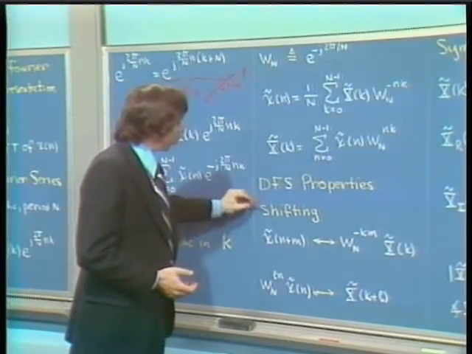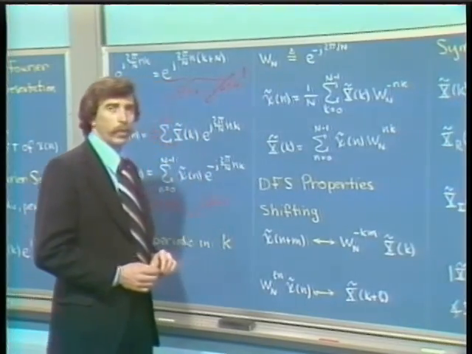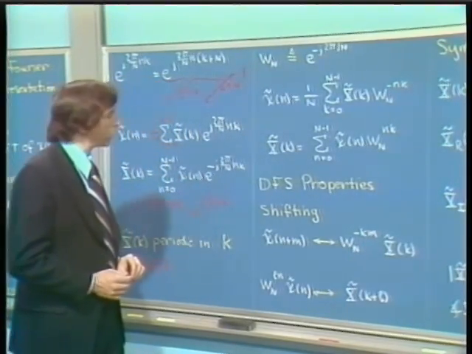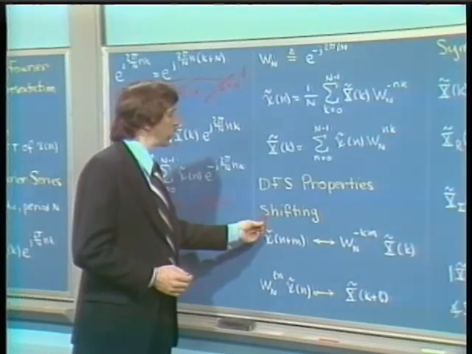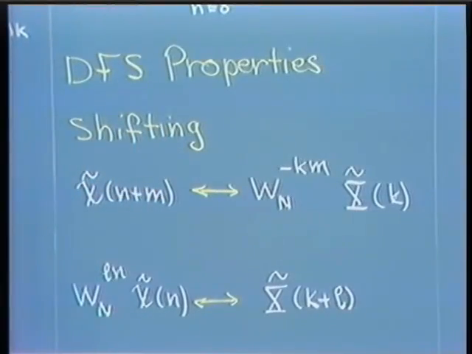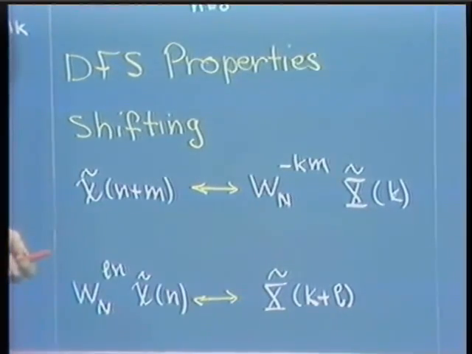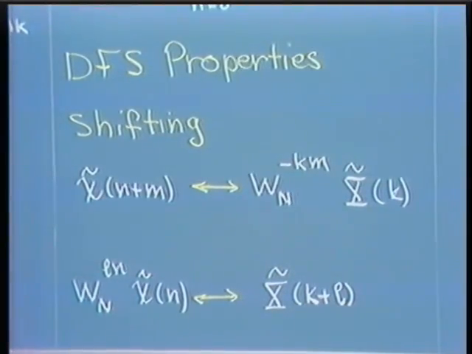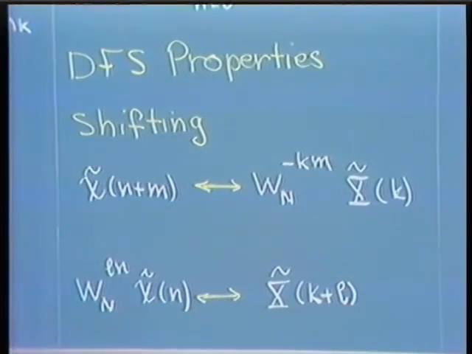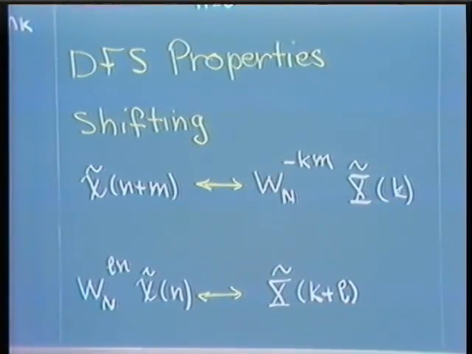Well, first of all, as we've talked about in the Fourier transform and Z transform cases, there is a shifting property that tells us how the Fourier series coefficients of a periodic sequence are related to the Fourier series coefficients of that sequence shifted.